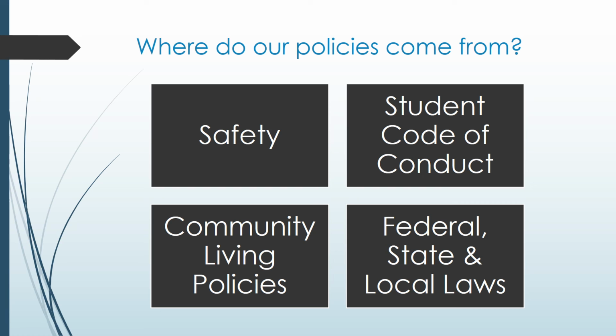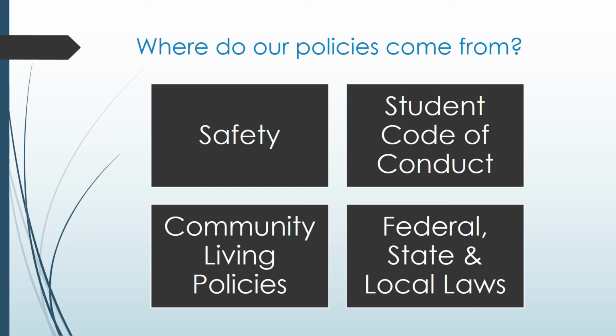Next is the Student Code of Conduct, and that is a document that outlines policies and expectations that all students at the University of Wyoming must abide by, and that is something that we'll be discussing in depth in this presentation, so more to come on that. In addition, we also have what we call the community living policies, which are policies that affect only students who live in the halls and apartments in the Honors House.